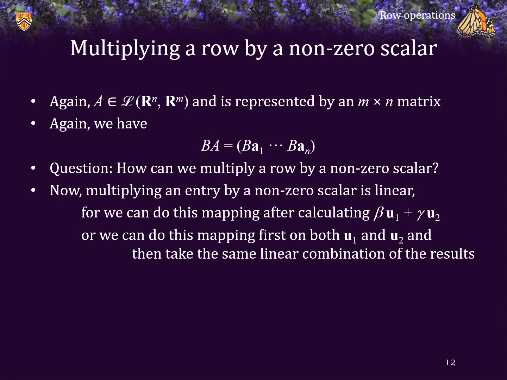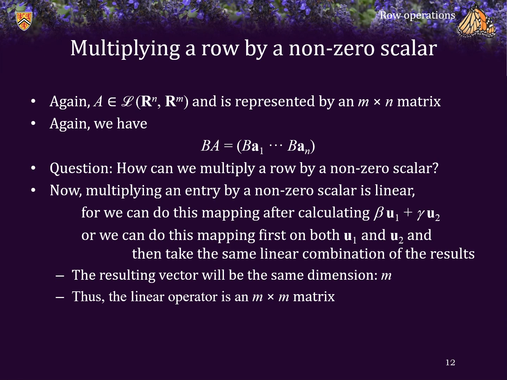Those two will be equal. Also, the resulting vector must still be m-dimensional. Thus, this operation must also be representable by an m by m matrix and is thus a linear operator.